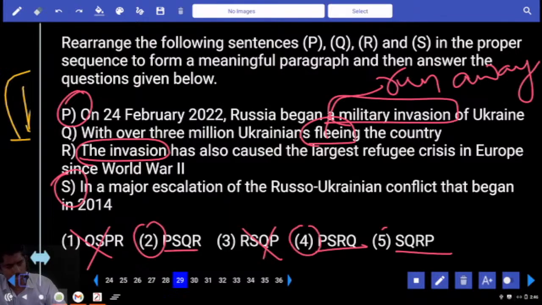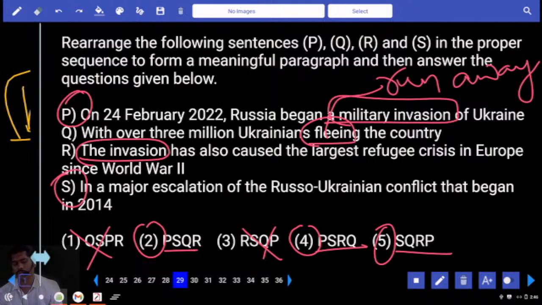Answer 2, 4, 5. What shall we take? Is it 2? On 24th February 2022, Russia began a military invasion of Ukraine. Invasion means incursion, attacking. Attacking of Ukraine in a major escalation or with over 3 million fleeing? In a major escalation. Escalation means advancement. Later on there may be verbal disagreement. This is a big attack.